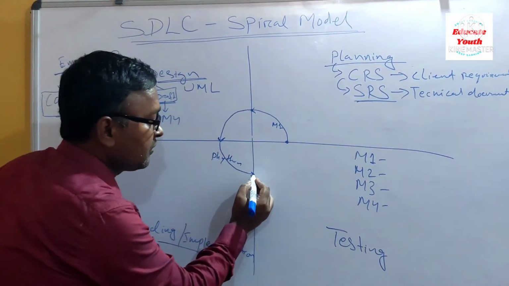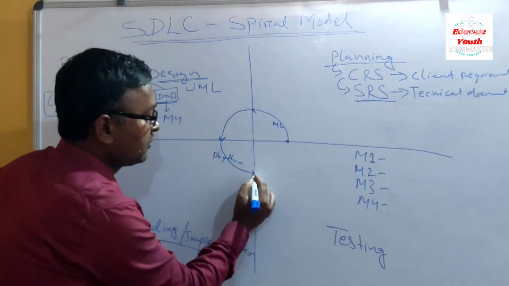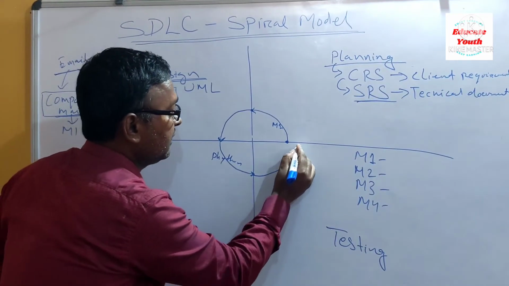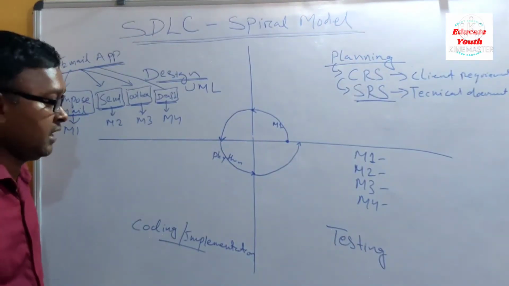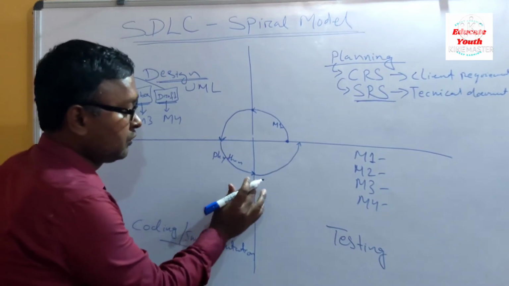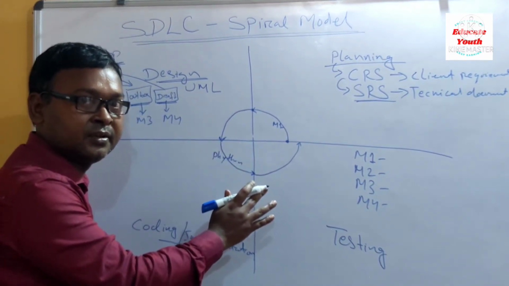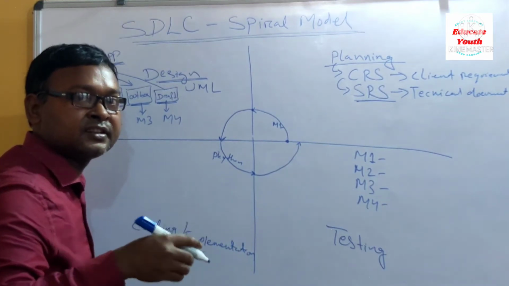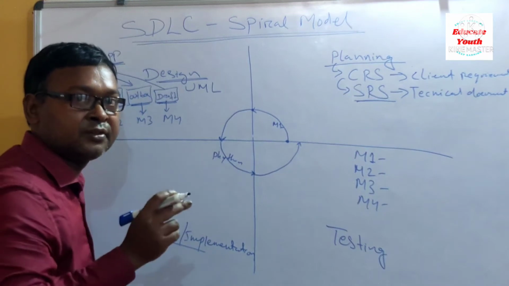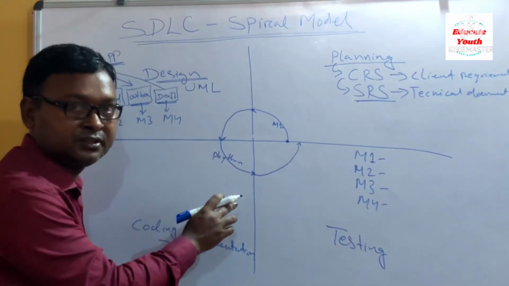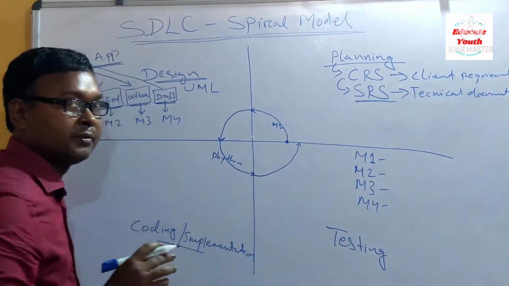Next I will be entering into the testing phase. I will be testing my particular module M1, doing different kinds of white box testing. If you are not understanding what white box testing is, you can go to my previous videos, learn about white box testing and come back to this video.